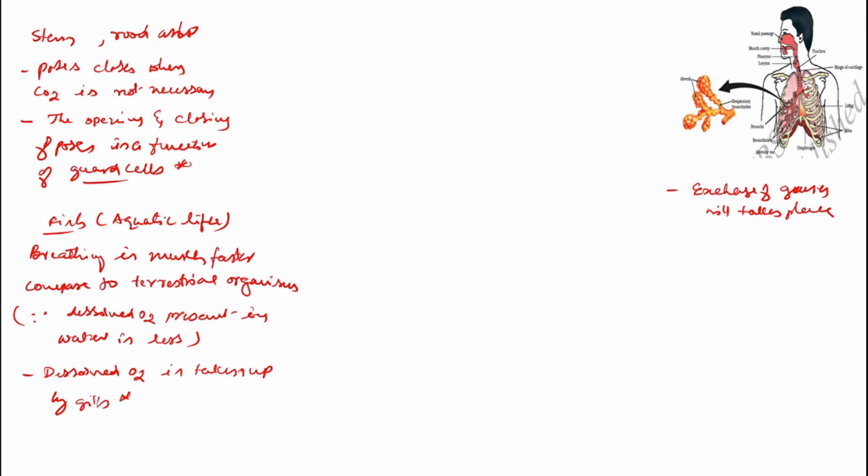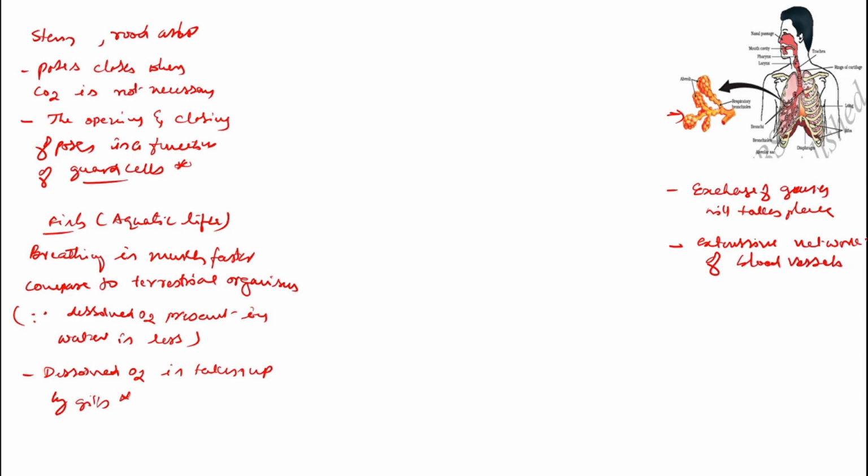It is an extensive network of blood vessels. This is the alveoli. Okay, so it is an extensive network of blood vessels.